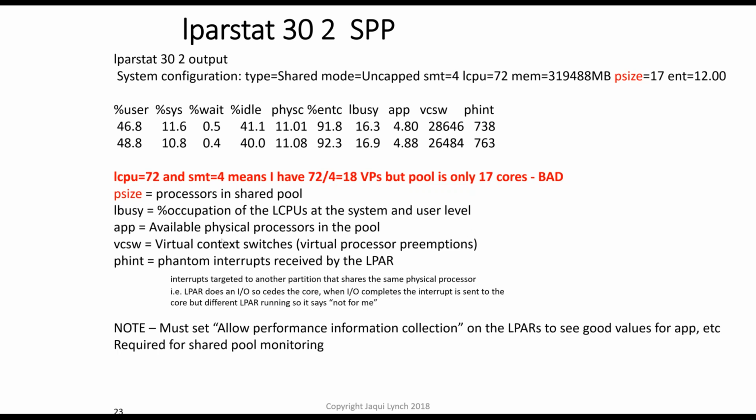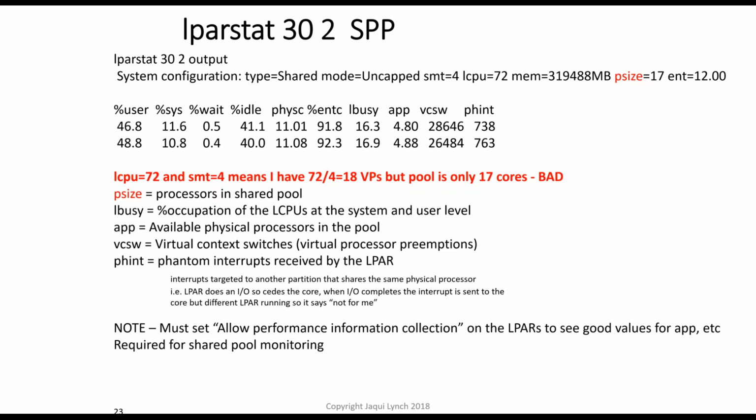Some other things to look at in here are the virtual context switches. If you start seeing a lot of numbers in here, or it suddenly changes dramatically, then that's an indicator that you are low on entitlement. And these phantom interrupts tend to confuse people. But basically what a phantom interrupt is, I'm running on the core and I hit my entitlement, or for some reason I give up the core. But I had issued an IO beforehand. When that IO completes, it actually comes back to the core that I was running on, but I'm no longer the LPAR that's running there, someone else is.